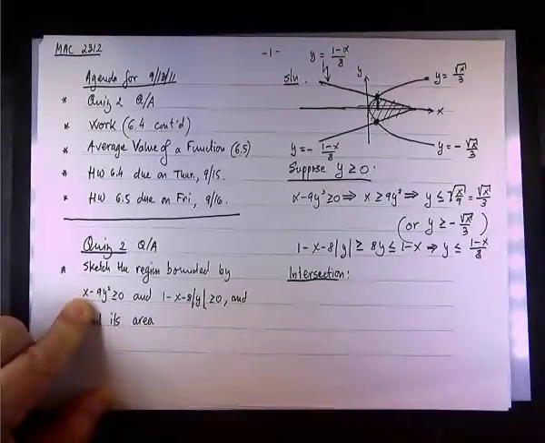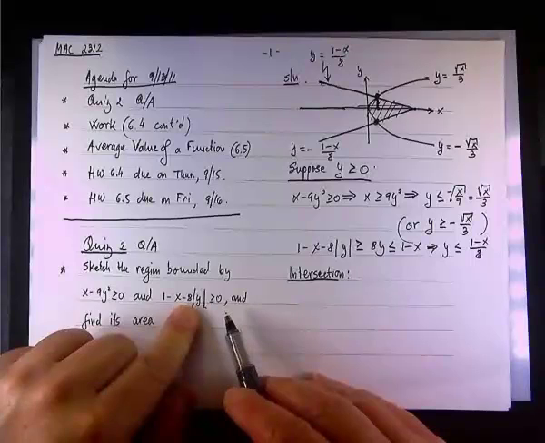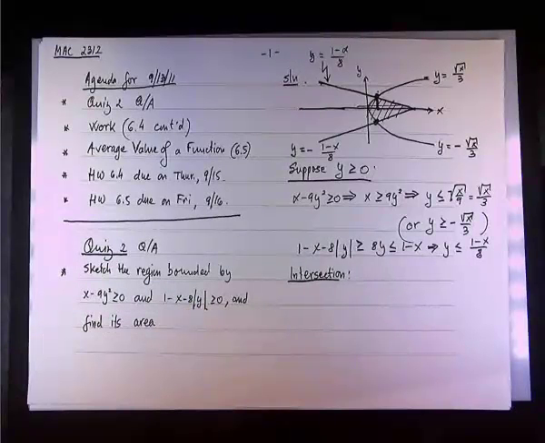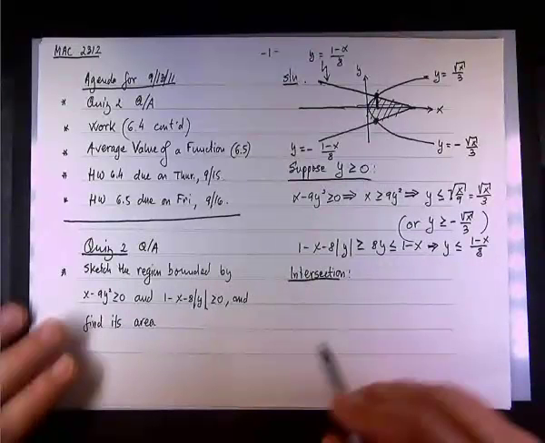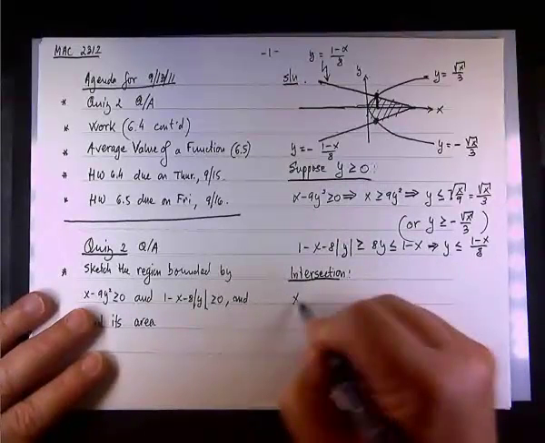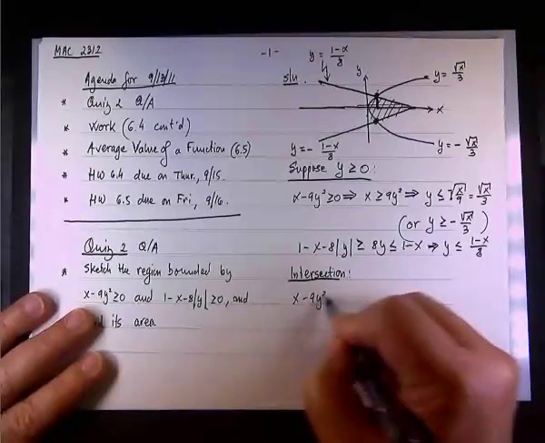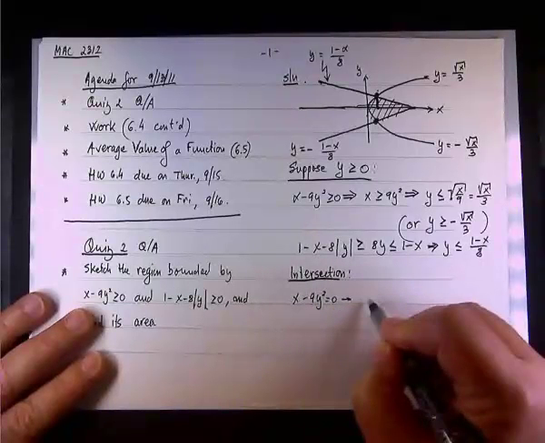To find the intersection, the easiest thing to do is actually stay within the relation and equate x. We can equate y to y, but it may be a little messy with the square root. It's easier to extract x from here and extract x from there and equate each other.